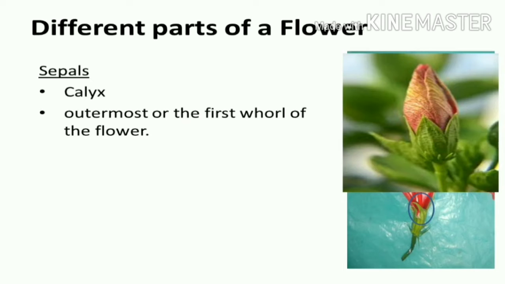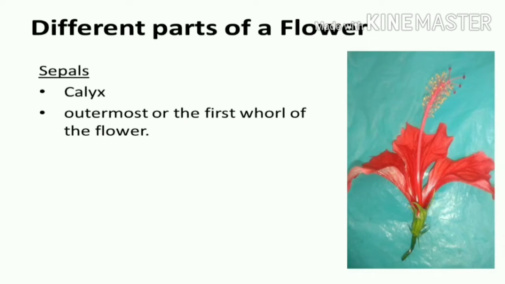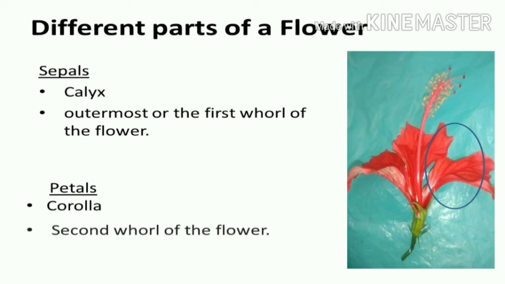The next vegetative part of the flower is petals. Petals are brightly colored parts of flowers which attract pollinators such as honeybees, butterflies, etc. These petals are also called corolla and this forms the second whorl of the flower.